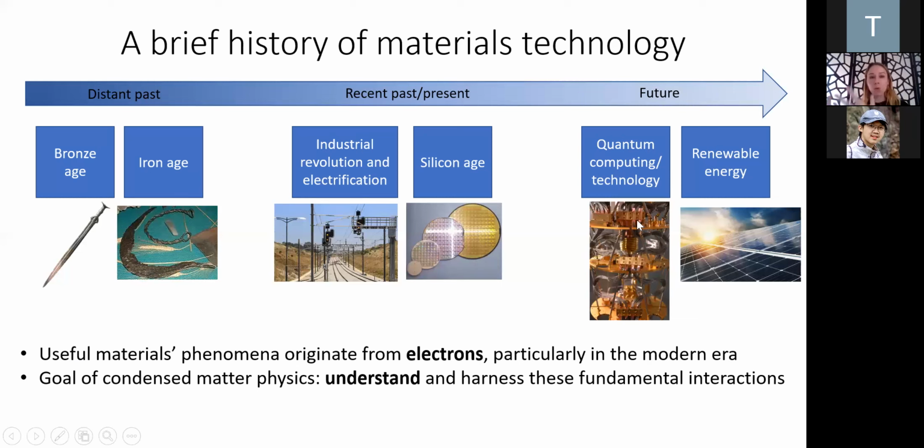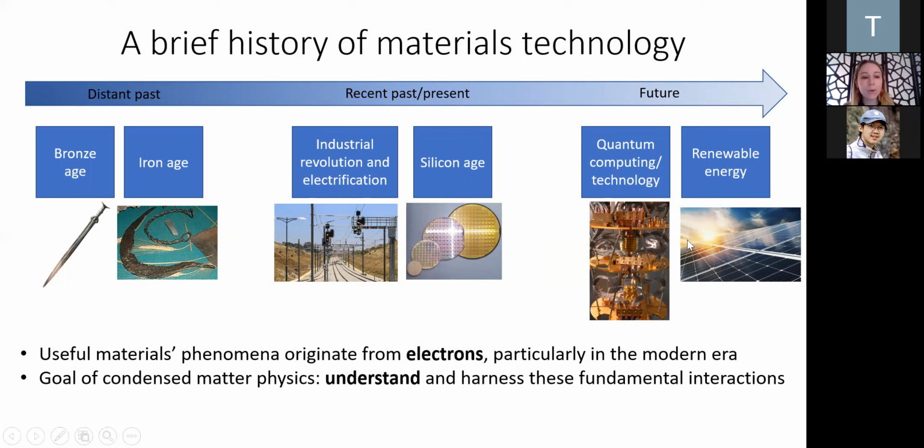And looking forward to the present and the soon-to-be future, there is quantum computing technology and renewable energy, just to name a couple of directions where new materials can drive new technologies.